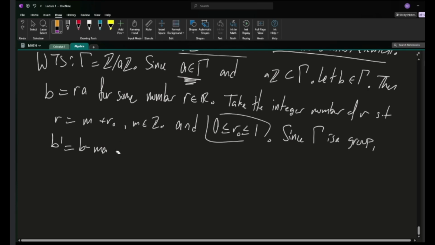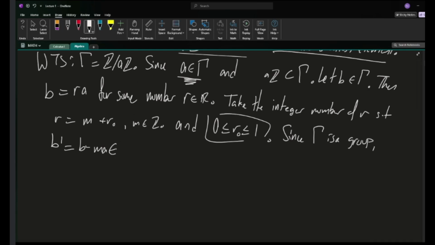And we know this element to also exist in gamma. B prime is also in gamma.